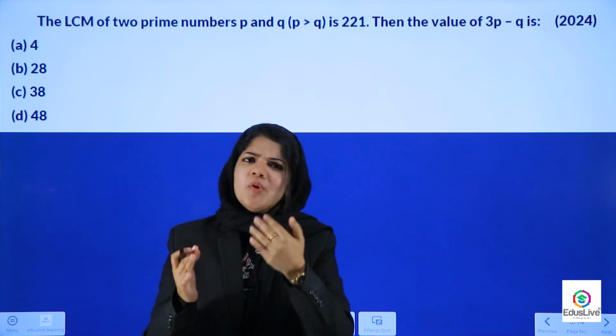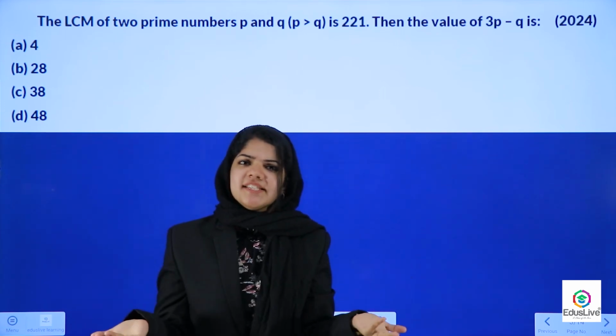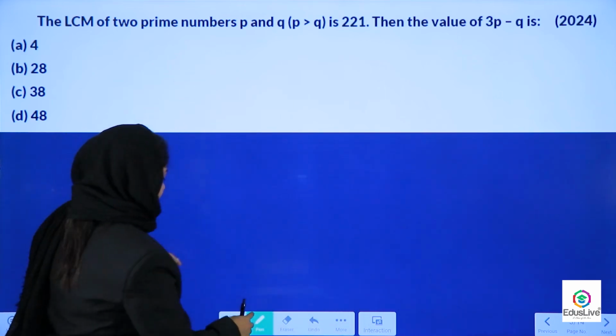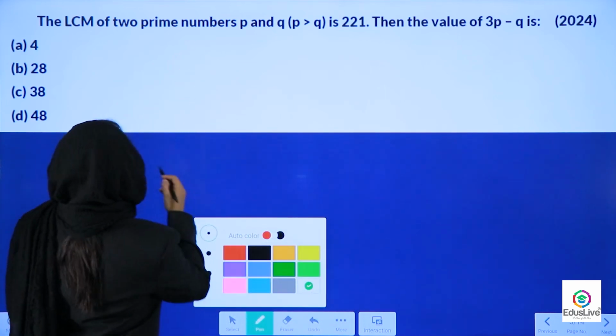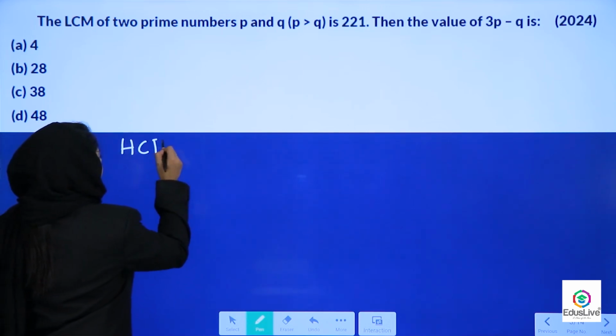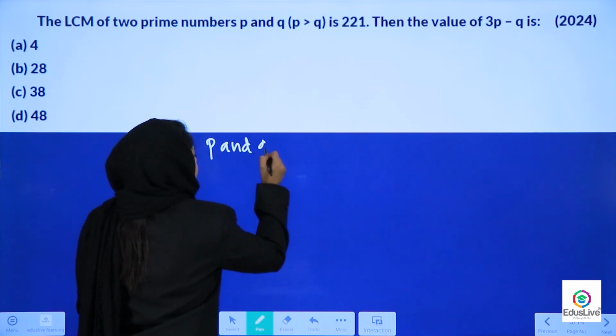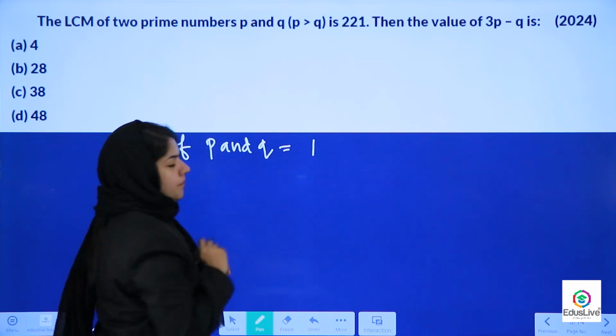So, we will consider an example, 2 and 3. What is the HCF? It is 1. So here it is given the numbers are prime numbers, so the HCF of these prime numbers p and q is 1.